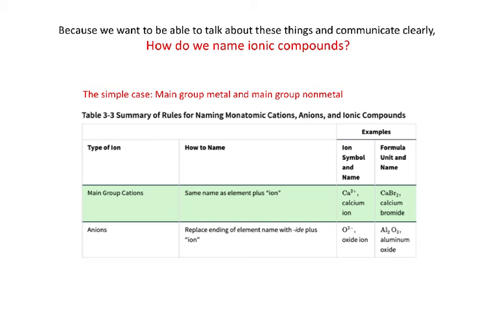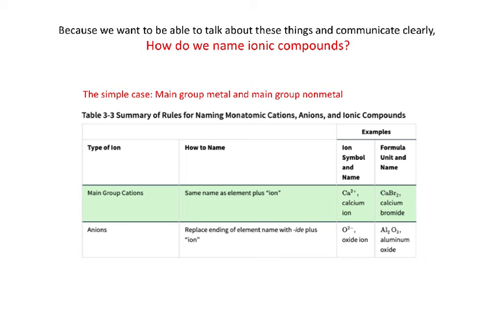Okay, now how do we talk about these? We want to be able to communicate clearly, right? We're always thinking about communicating, and we want to be able to name ionic compounds. There are some rules here, and we'll first look at the simple case.